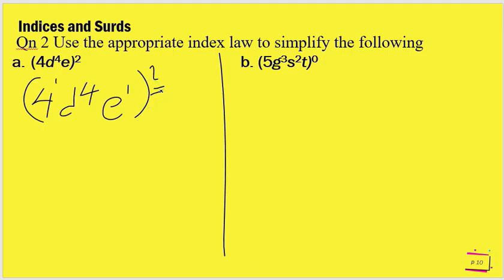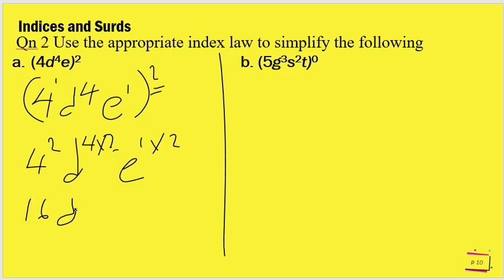We will have 4 squared, then d to the power 4 by 2, and e to the power 1 by 2. Finally we have 16d⁸e². That becomes the answer.